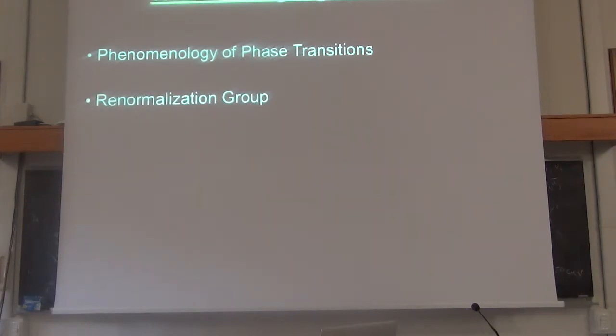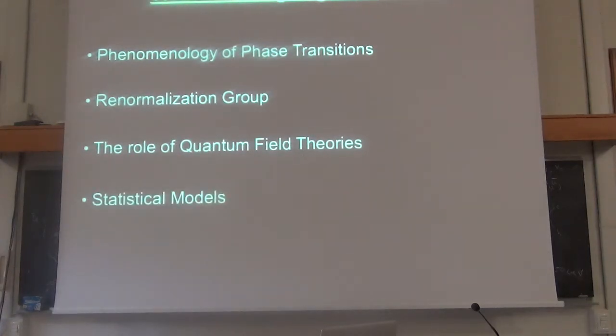Then I will discuss the key core idea of the renormalization group, which is behind the comprehension of many of these phenomena, the role of quantum field theory describing it, and some statistical models, concluding with the embarrassment of riches, in the sense that we'll see that nature has astronomical richness in its variety, coming not only from physics, but also from mathematics, for more abstract questions as well.